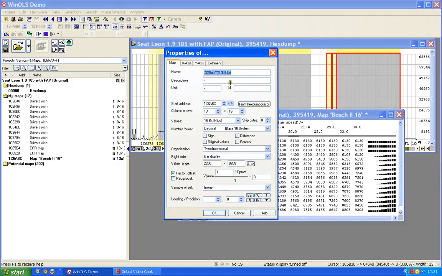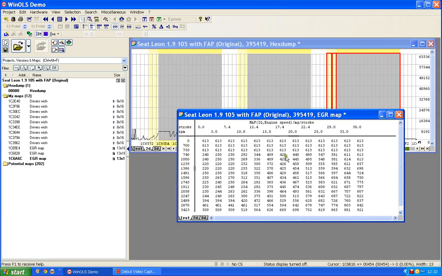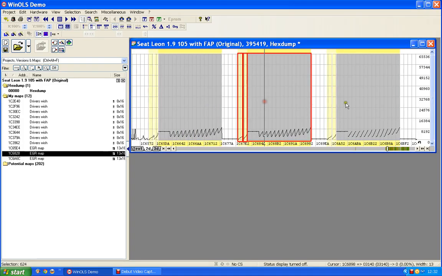And then this one, well, we decided that was going to be the EGR map. I think this is mass flow. I'm guessing it's milligrams per stroke, and I want 0.1 to make the figures look reasonably sensible, and that seems similar. Now it's possible, of course, that these 3 are the same.